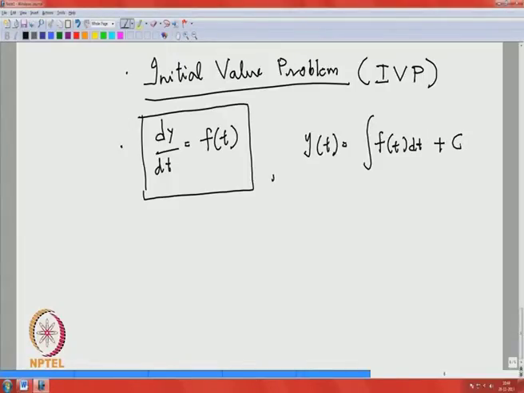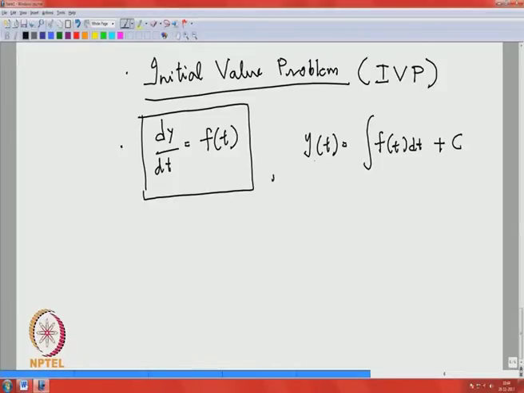This is very clear, because if you have one solution to this integral calculus problem, which you are familiar with from the 12th level, then you can add a constant to that and that will also be a solution. So the solution is definitely not unique.